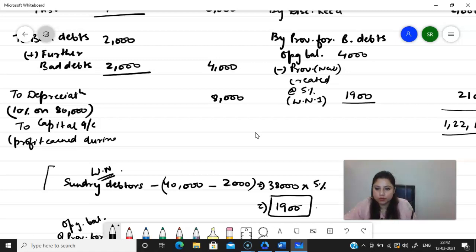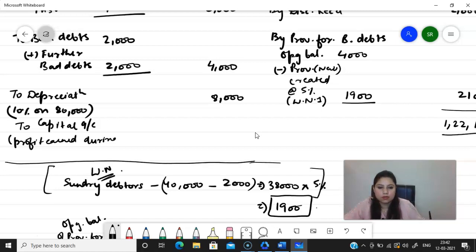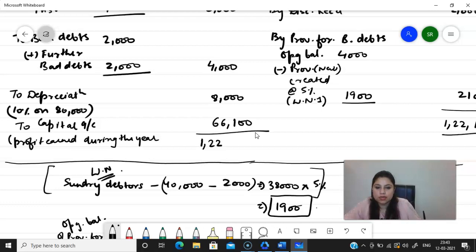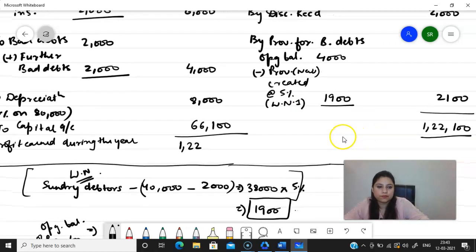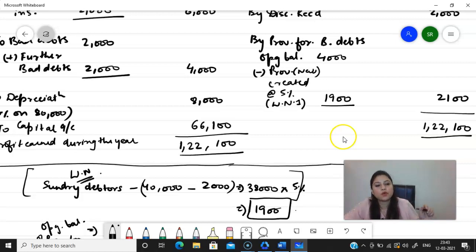So this is the working note, right? And here the profit and loss account is ending. So profit earned during the year amounting to 66,100 brings us to the total of 1,22,100. So this is how we will be preparing the profit and loss account of a particular business entity, right?